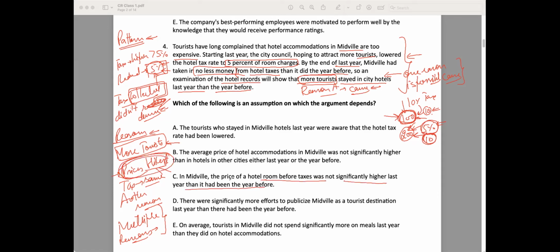Because if reason 2 is happening, if prices were hiked, we may not have more tourists. Without increasing the number of tourists, we can still have the same tax collection if the charges for hotel rooms were increased. Everybody getting this kind of reasoning, cause and effect?